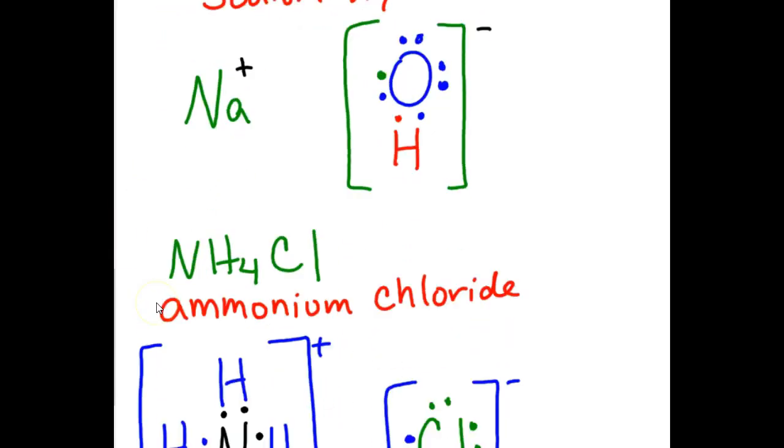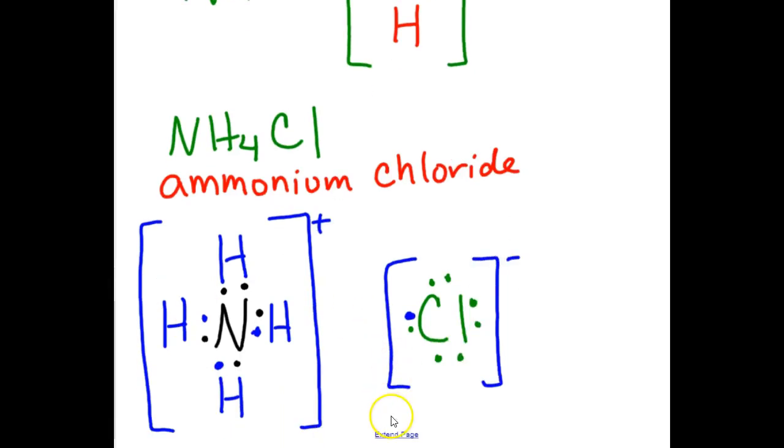The next example that we did was ammonium chloride. What you'll notice in ammonium chloride is that this happens because an HCl and an NH3 come in contact with each other, and the hydrogen gets lured away by the nitrogen's extra electrons. Hydrogen leaves its electron behind and forms 2 ions.